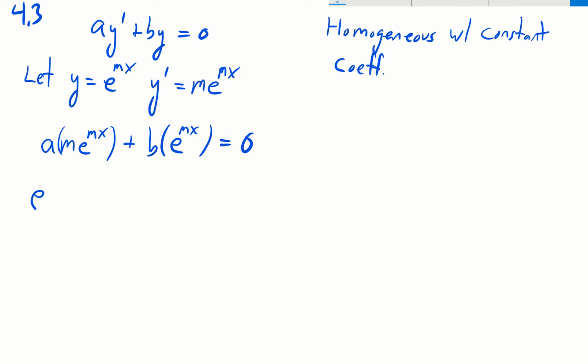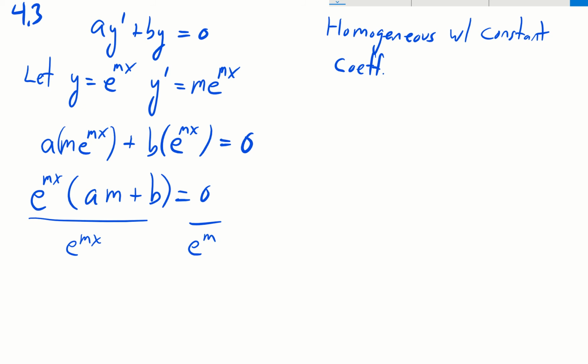We have a common term of e to the mx, which we can factor out. That's going to leave us with a times m plus b equals 0. We know that e to the mx is never 0, so we can divide both sides by it, and we get an equation for this unknown constant in the exponential: a times m plus b equals 0.